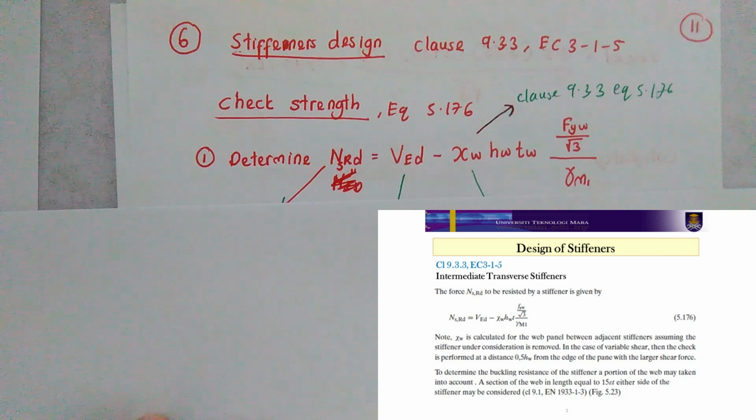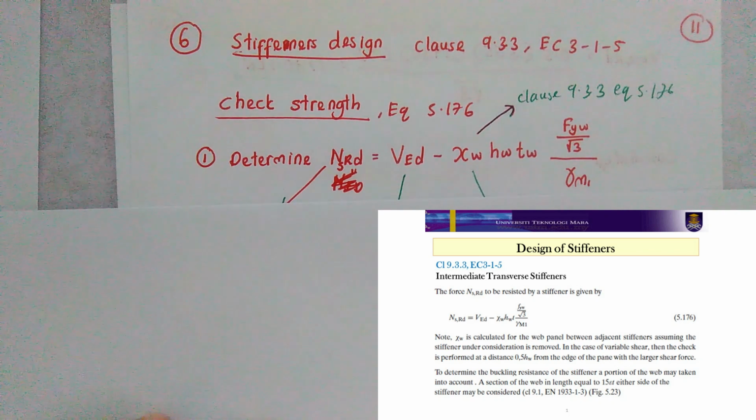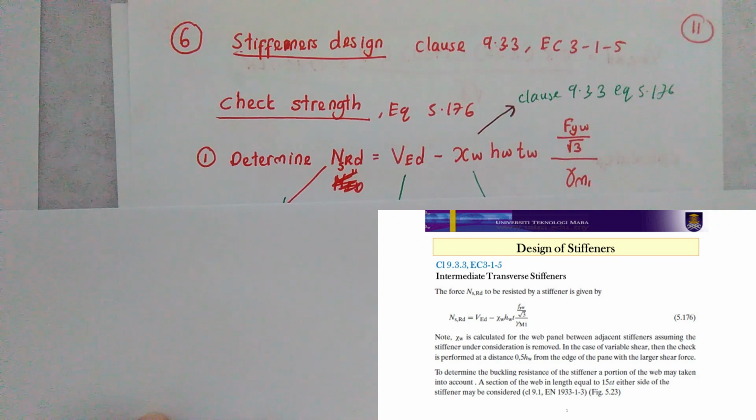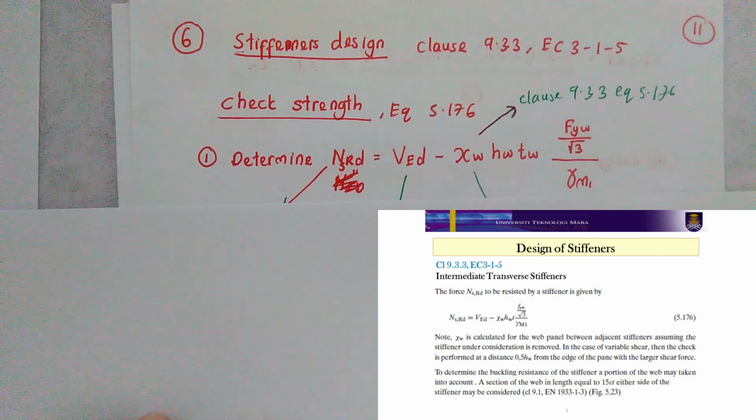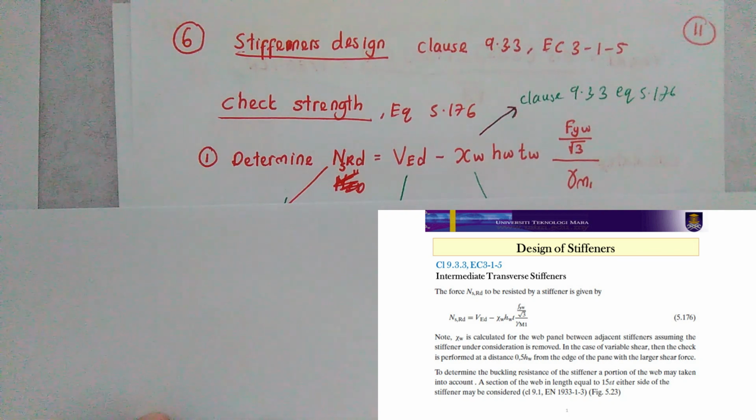Firstly, we refer to our notes. In clause 9.3.3 of EC3 Part 1.5, equation 5.76, you can see that the force NSd to be resisted by a stiffener is given by equation 5.76. NSd is the force that needs to be resisted by the stiffener.